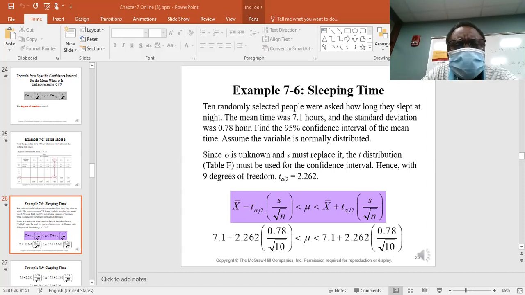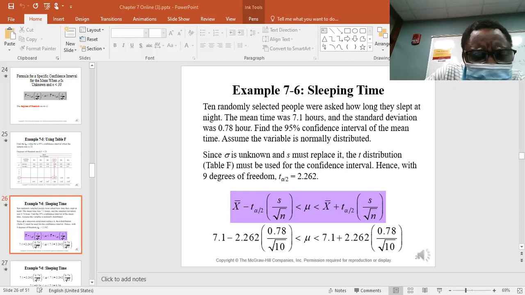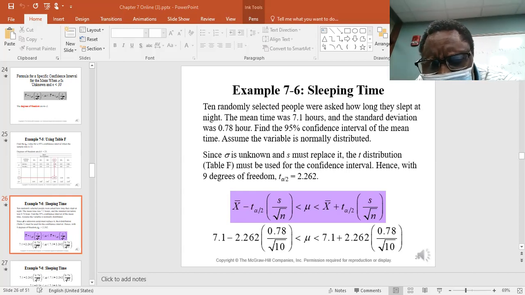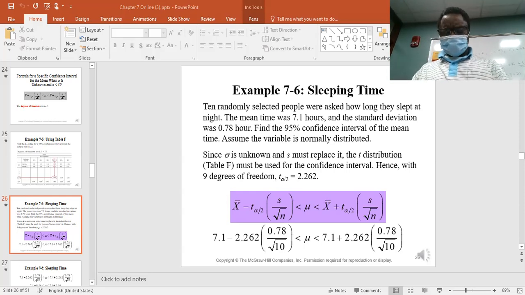This is a t distribution table. I want to make sure that, so this we have 95 and degree of freedom of 9. What do you get? Have you read from your own table? What do you have?